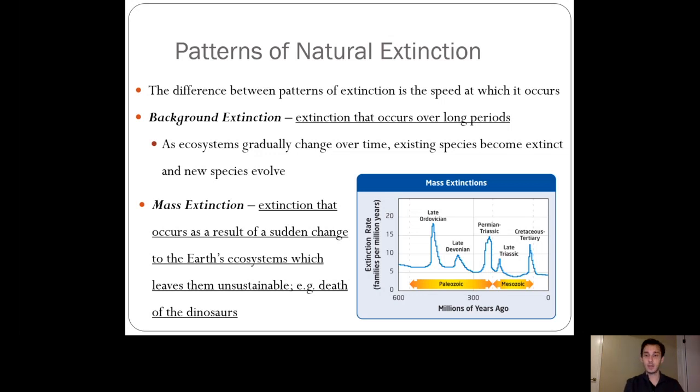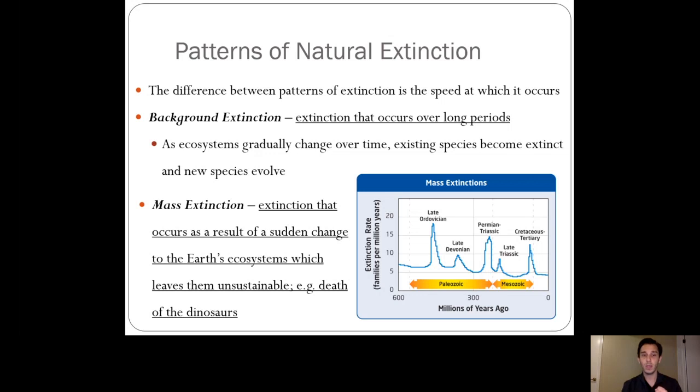So extinction happens naturally, and then other species fill the gap, and biodiversity returns. Extinction is not always necessarily a bad thing. It is neither good nor bad. If it's natural extinction, it's just part of the evolution of our planet and part of the cycle of life on our planet, that species do go extinct.